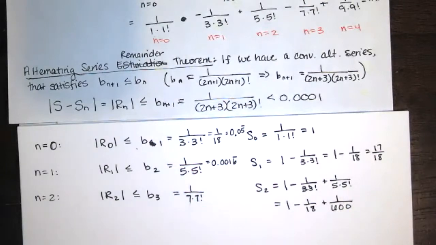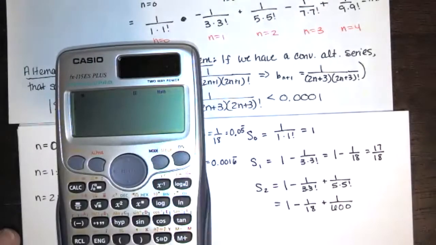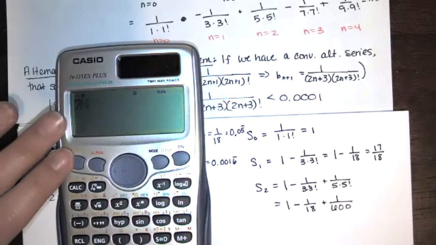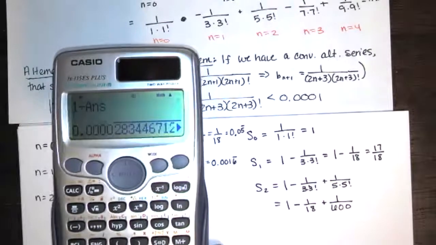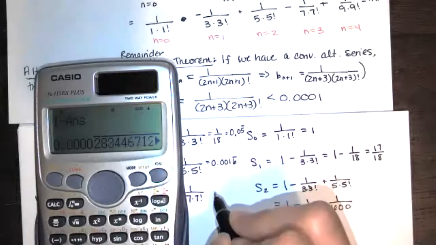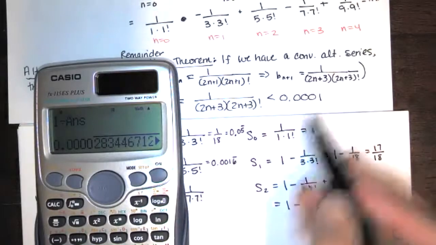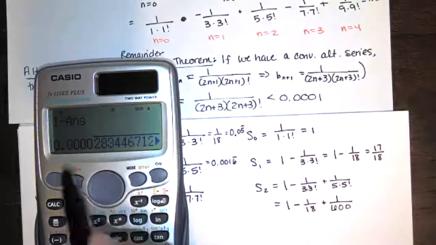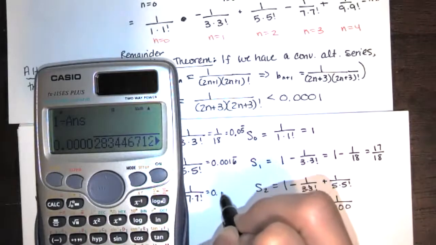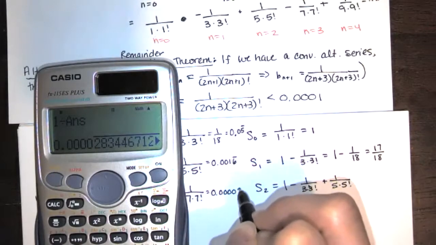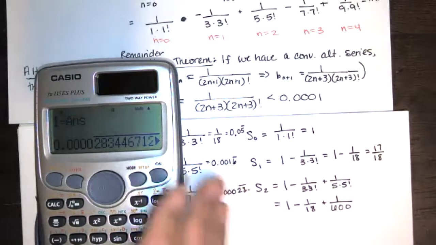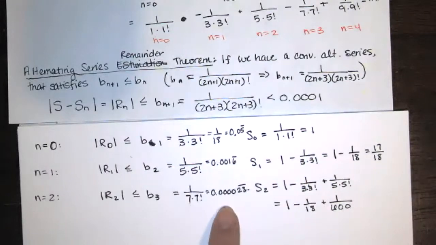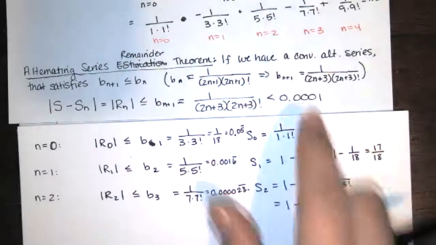And then we've got 1 over 7 times 7 factorial here. So I'll do 7 times 7 factorial. That's that number, 1 divided by that answer. Is that fraction smaller? Oh, it is smaller because this only has 3 zeros and this one has 4 zeros. So we've got 0.00028 and so on, and it keeps going. But this one is less than that error.